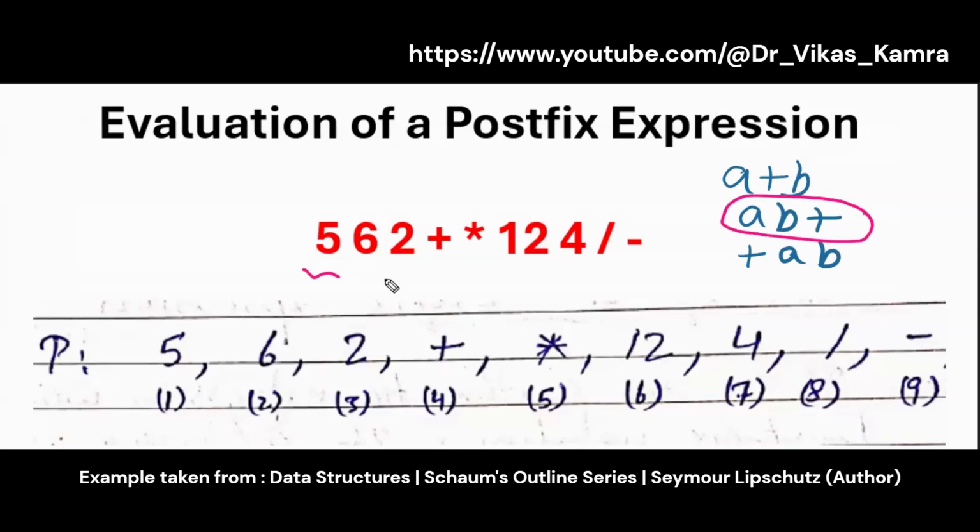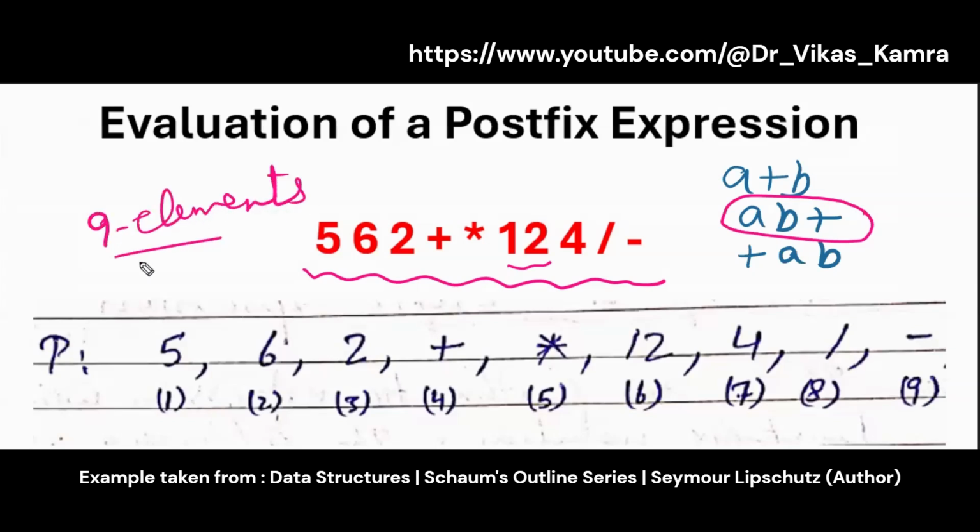I am taking an example of this expression: 5, 6, 2, plus, multiply, 12, 4, divide, minus. As you can see, it is in the form of a postfix expression. There are 9 elements in this postfix expression.